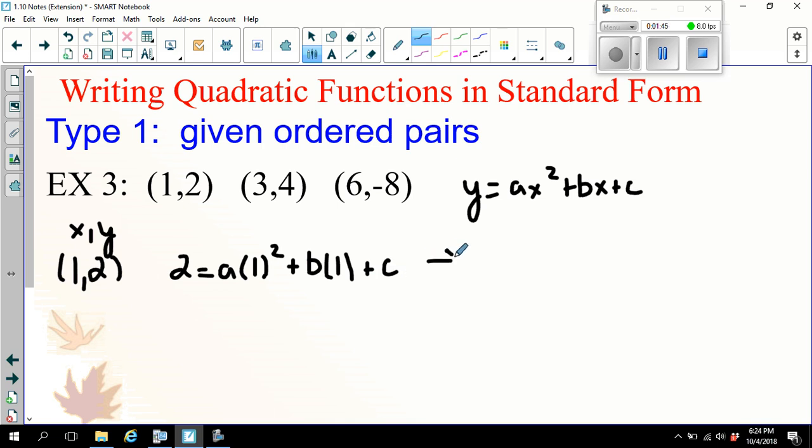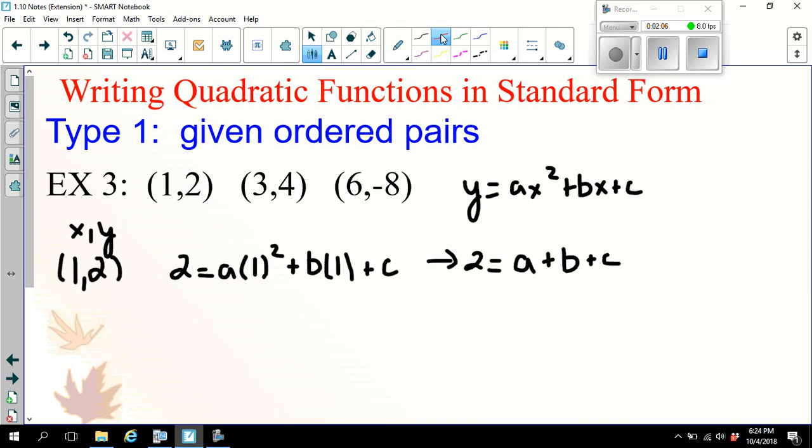Okay, so now we have to rewrite this. So we know 1 squared is 1. And don't forget the 2 over here, so we got to keep that. So we have 2 equals a times 1 just gives us a. Then b times 1 just gives us b. And then we got plus c.